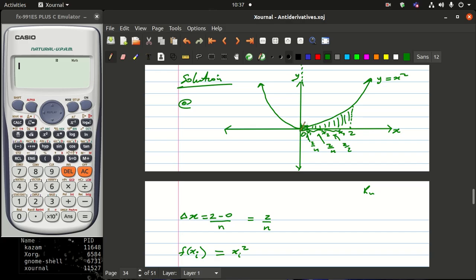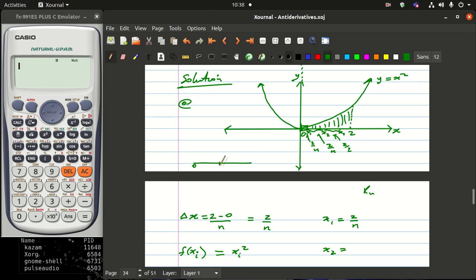To move from this point to that point, I need to add to 0 this thing here, so that my x1 is going to be 2 over n. Then to find my x2, I'm just trying to analyze here. Let me rewrite these things. Here I have 0. Now the intervals are equal.